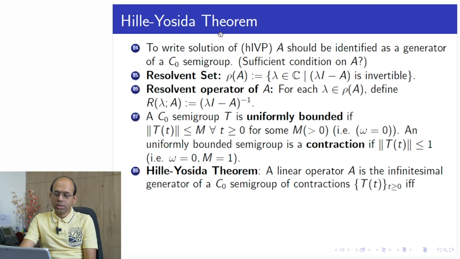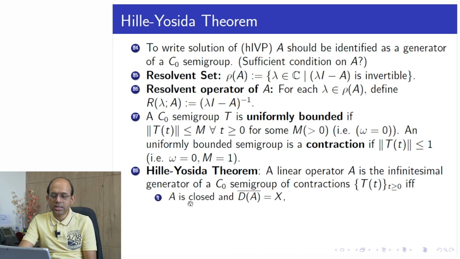A linear operator A is the infinitesimal generator of a C0 semigroup of contractions if and only if A is closed and the closure of the domain of A is X. This is the same as saying that the operator A is densely defined, correct?